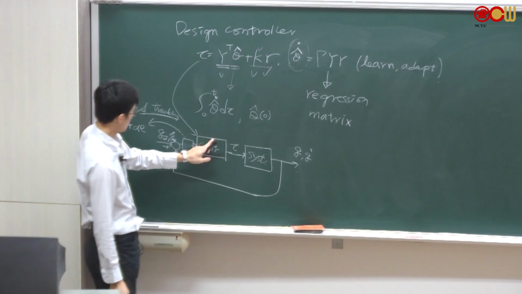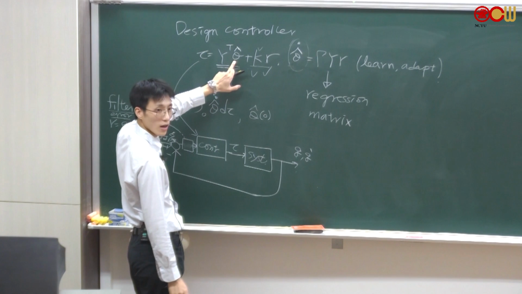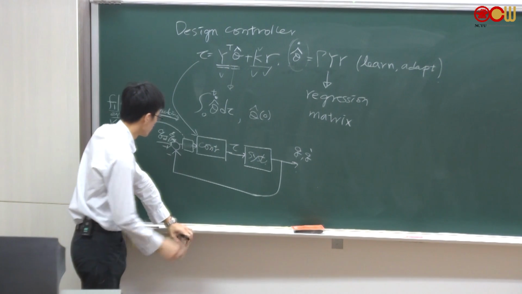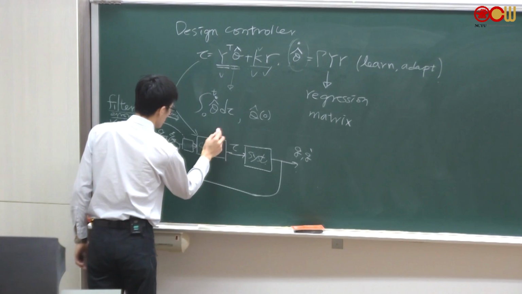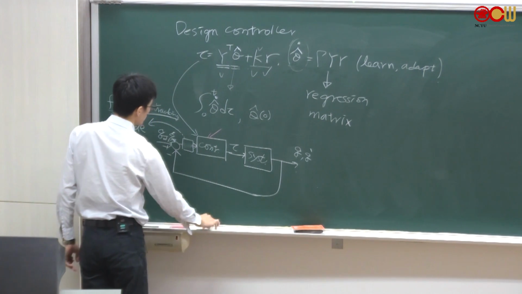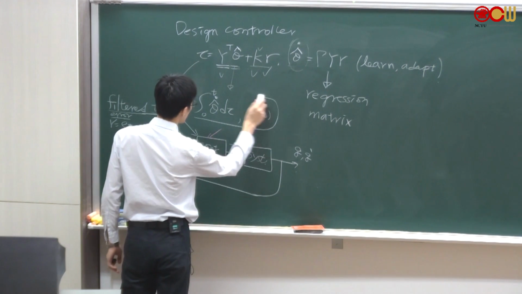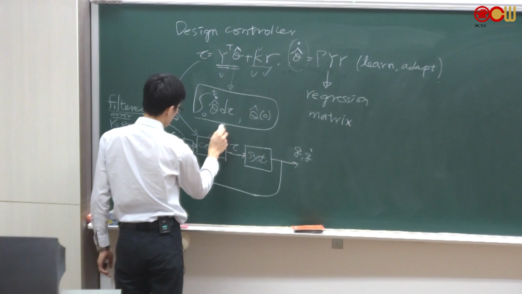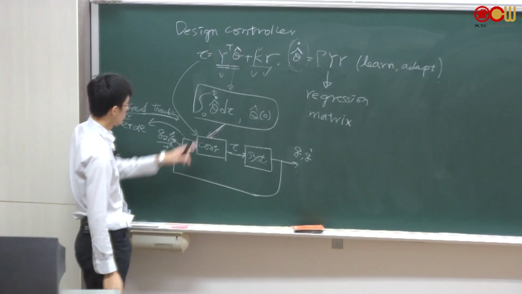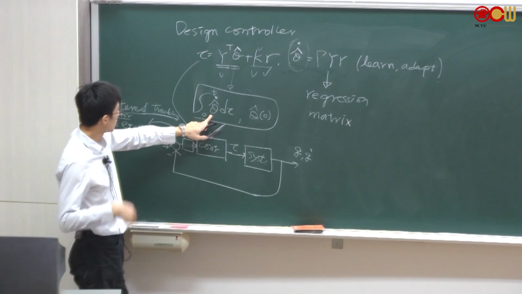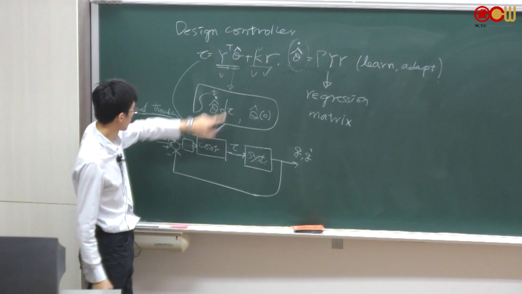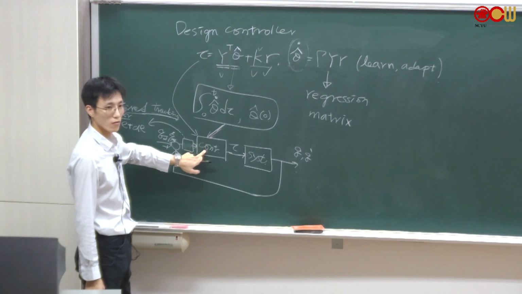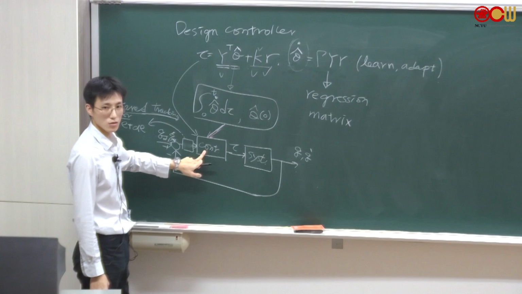And in here, you have theta hat, which is time variant. So you need to do this. One more block doing this generates the updated theta hat, and that's required for the controller to implement.